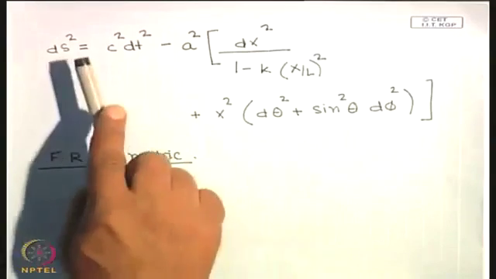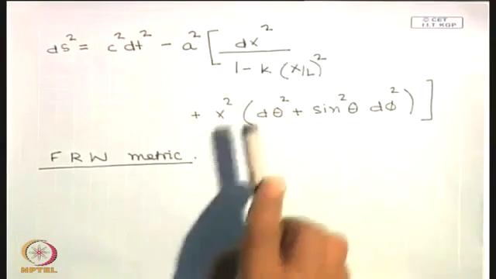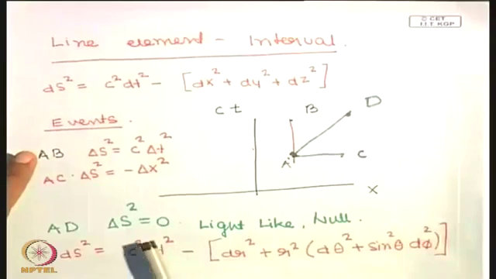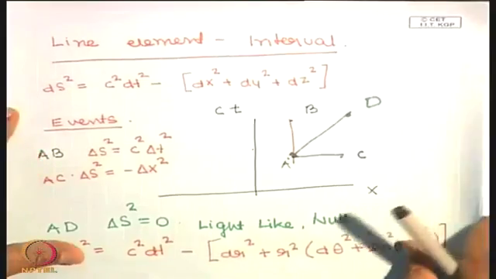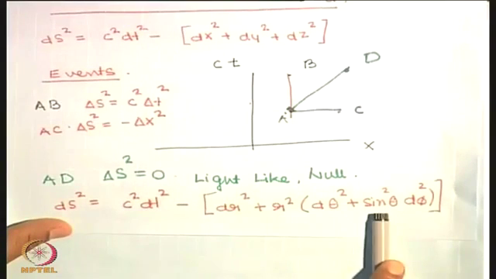Now you see, one should not get very intimidated looking at this, it is not very difficult to understand. Let us first see what are the differences with what we are familiar with. So you should compare it with this. This is the usual space time interval written in spherical polar coordinates.